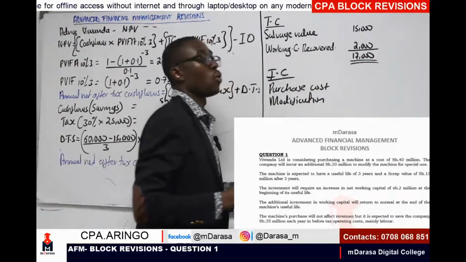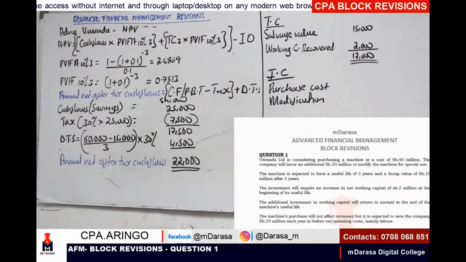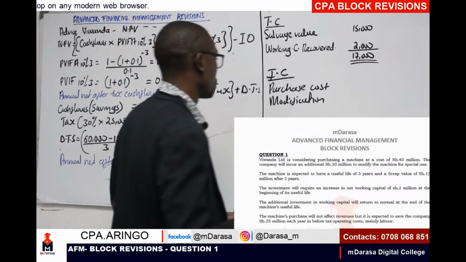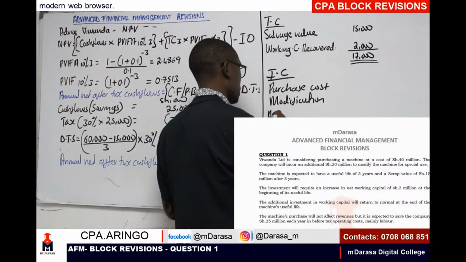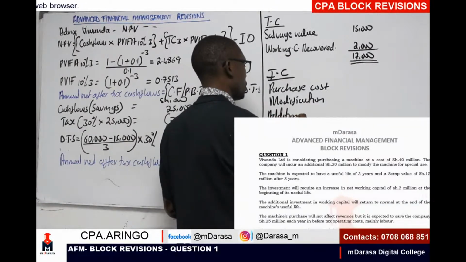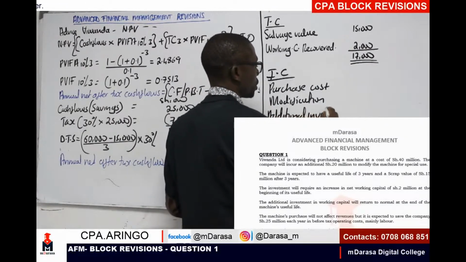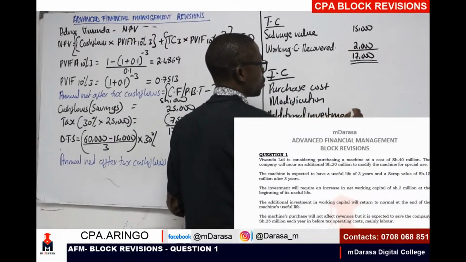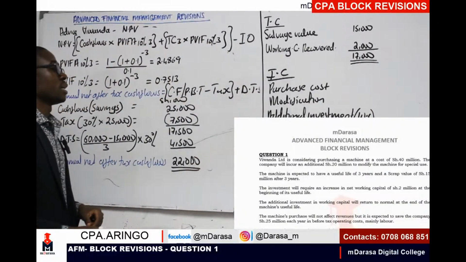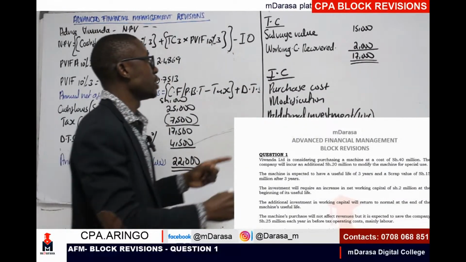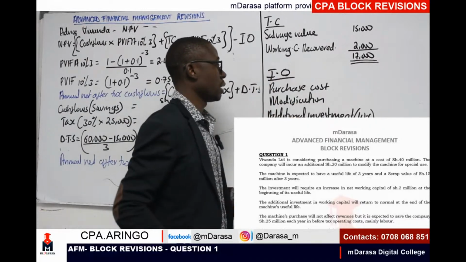Because we had a working capital that we are incurring, again, additional working capital. Additional investment of working capital will be required, which is what? 2 million. So I'll be having the additional investment, the working capital investment. So this should give us our initial cost, initial outlay, right?